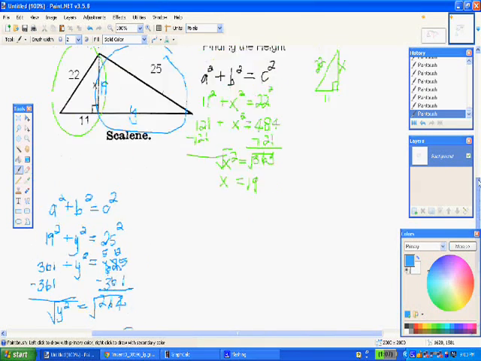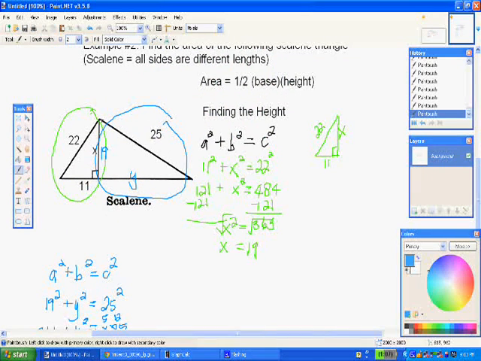So I'm going to go back to my diagram. I'm going to write that back up here. So I'm going to do y equals 16. So now that makes this entire base 11 plus 16, which equals 27.